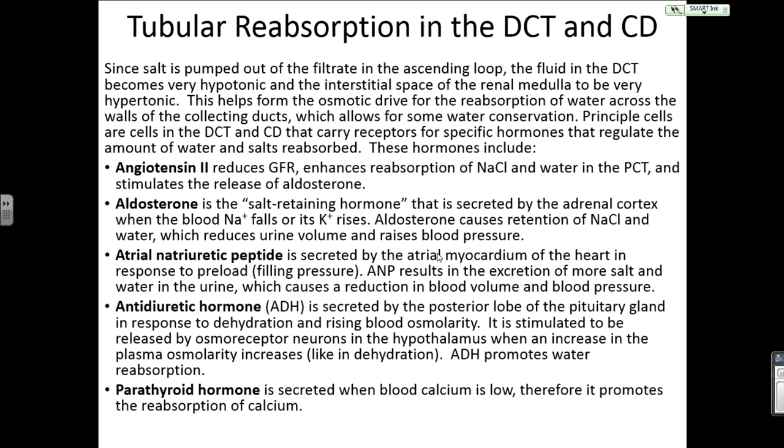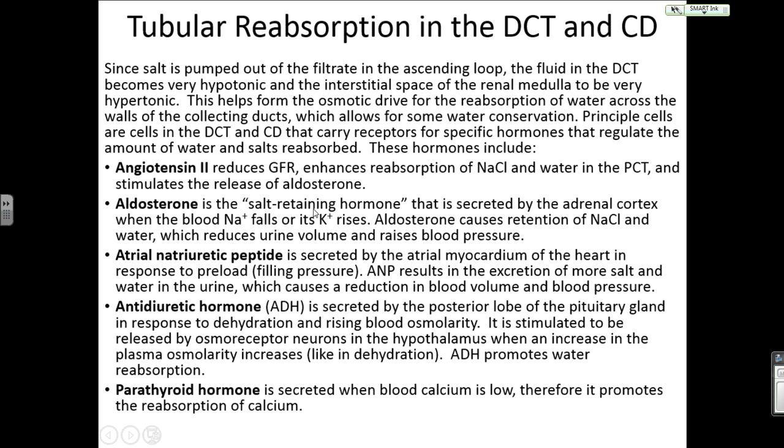We have what are called principal cells that are found in the distal convoluted tubule and the collecting duct, carrying receptors for specific hormones, regulating amounts of water and salts reabsorbed. The first hormone that we are going to talk about is angiotensin II. We learned the other day that it reduces the formation of filtrate, so it reduces GFR. It also enhances the reabsorption of sodium chloride and water in the proximal convoluted tubule and stimulates the release of aldosterone.